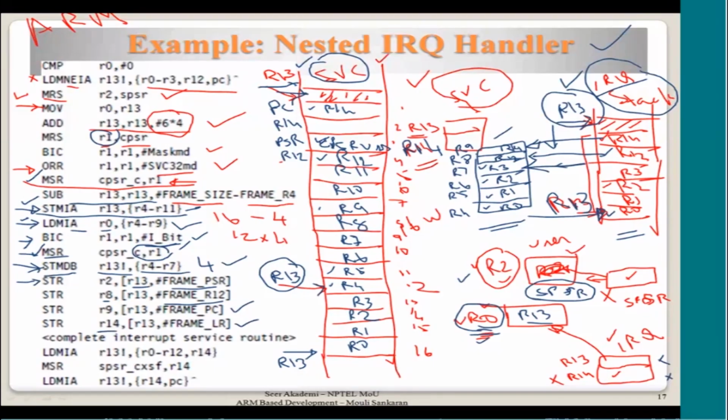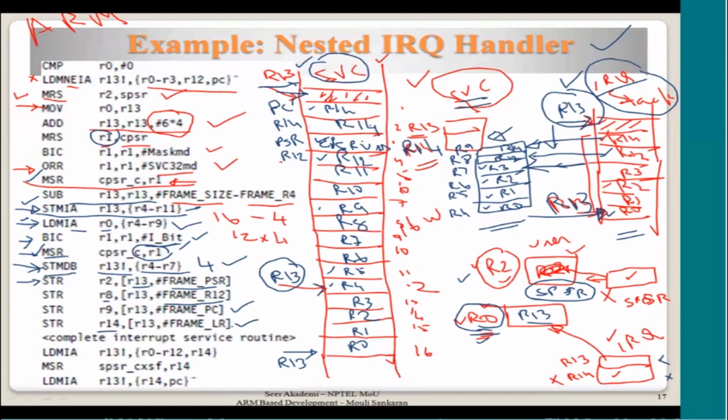Now, what does R14 have? That R14 is this current SVC mode R14. We have not saved it at all, we have not used it at all. But we need to keep it somewhere because we may have a branch with link and all that, so we don't want to lose the original link register value.